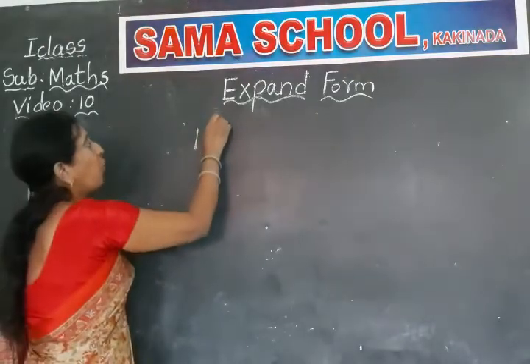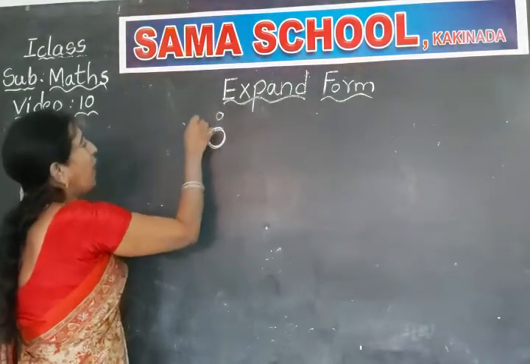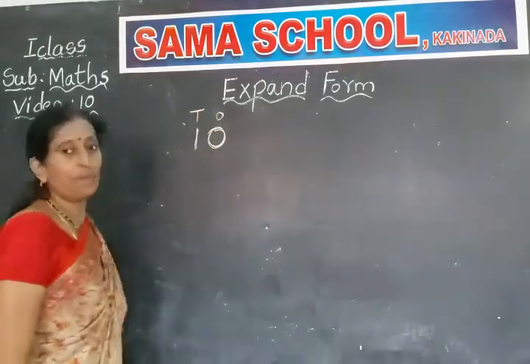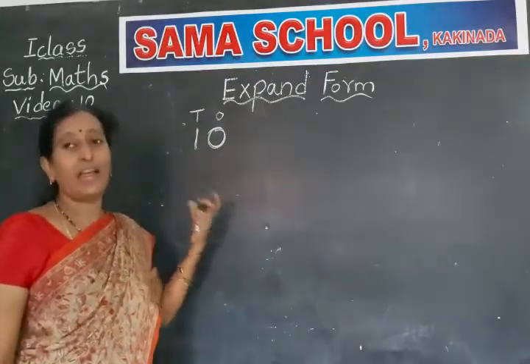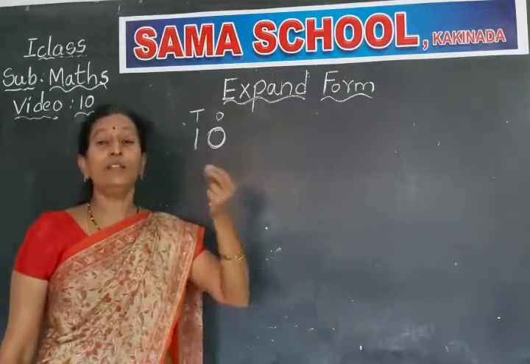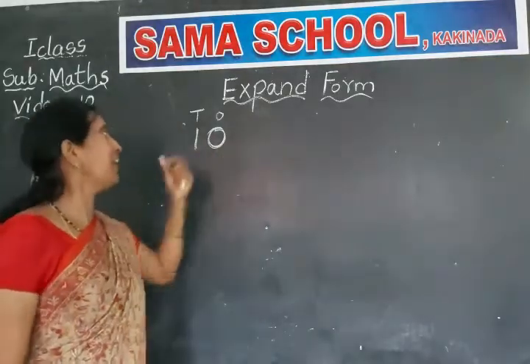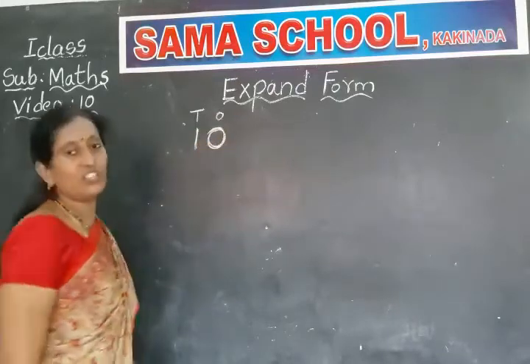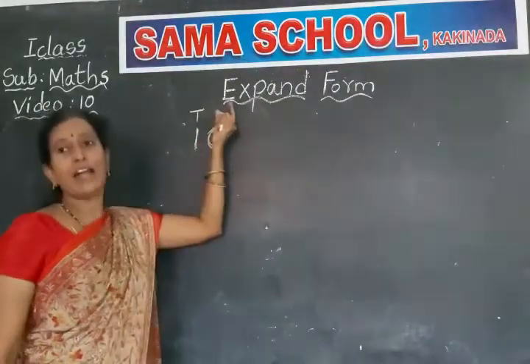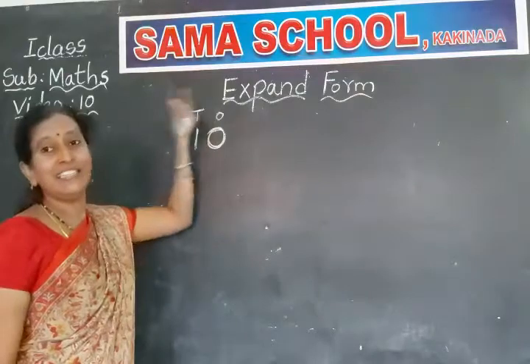The 0 in 1's place and the 1 in 10's place. I already explained this in the abacus in the previous class. The abacus means we are working with the beads. Here in this expanded form, the number is 10, with 0 in 1's place and 1 in 10's place.